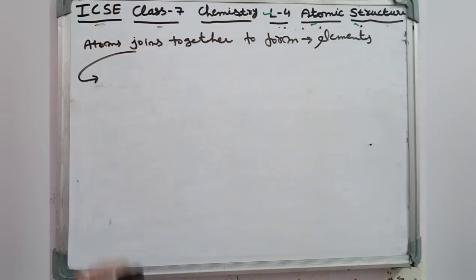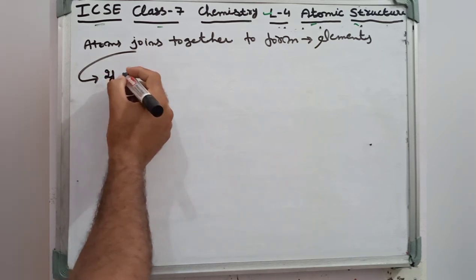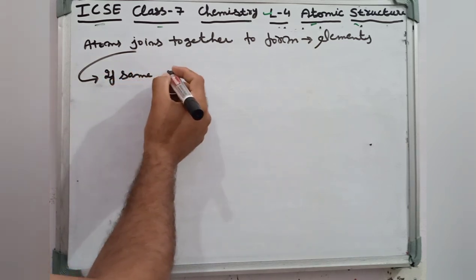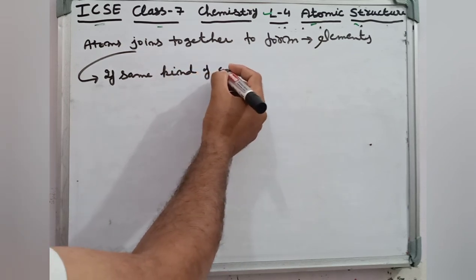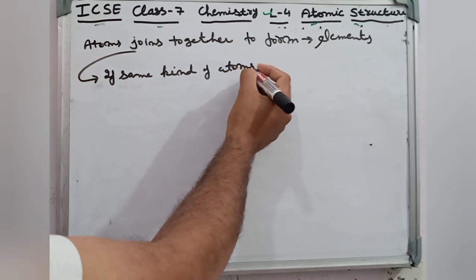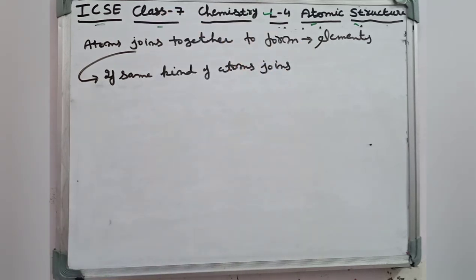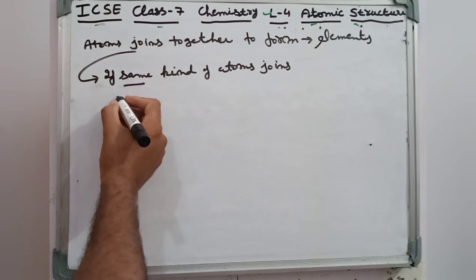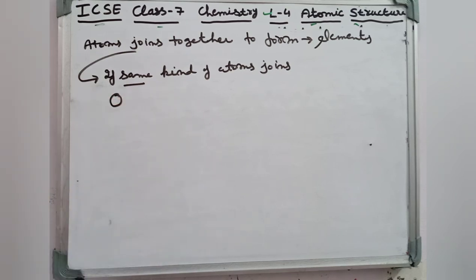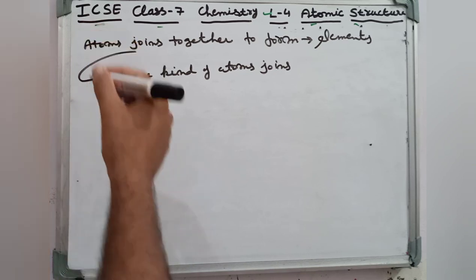Now if same kind of atoms join. What is this same kind? Same kind, as we know, oxygen is O2. How does this happen?